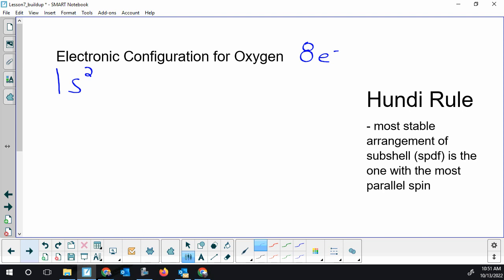So we've got to keep going till we get to all the superscripts adding up to 8. Next is 2s. 2s can hold 2 electrons. We saw that in beryllium. That's filled. We did the spin up and the spin down. Now we've got to keep going. What comes next?